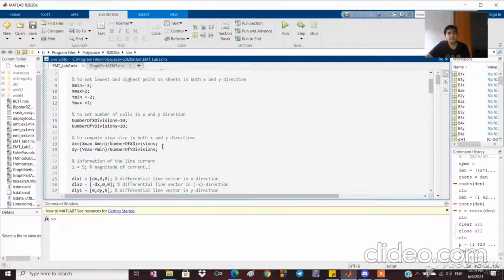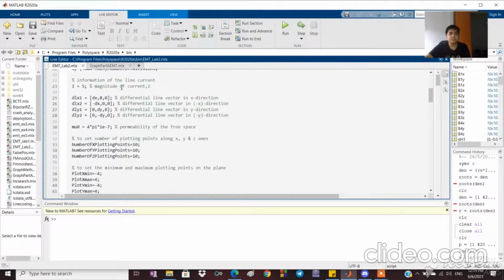Then here is to compute the step size in both x and y directions, and it will be used for the equation to make the magnetic flux density. Here is the information of the current line, which is a current of 5 ampere. Then this part here is the differential line vector in the x direction, negative x direction, y direction, and negative y direction.